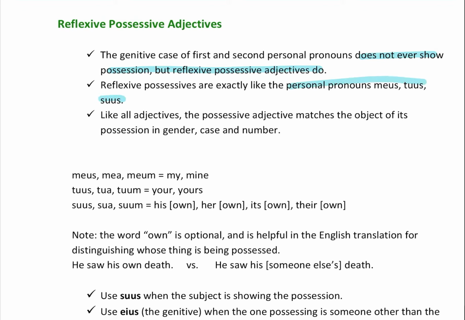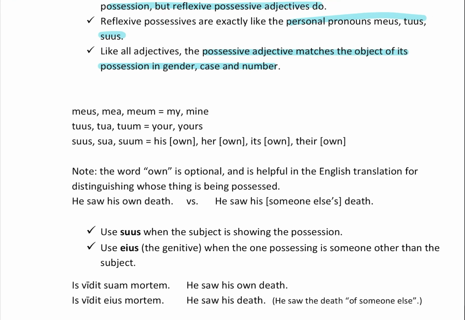And like all adjectives, the possessive adjective matches the object of its possession in gender, case, and number. So here we have meus, mea, meum. These are going to be easy because it's just nominative singular masculine, feminine, and neuter. Means my or mine. Tuus, tua, tuum means your or yours, and suus, sua, suum can be his, her, its, or their.